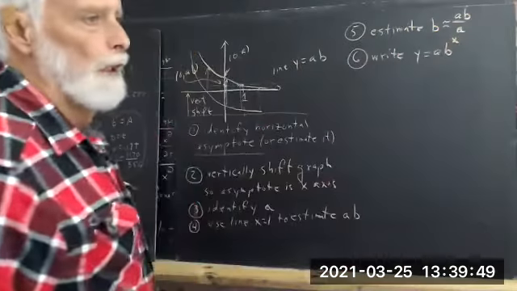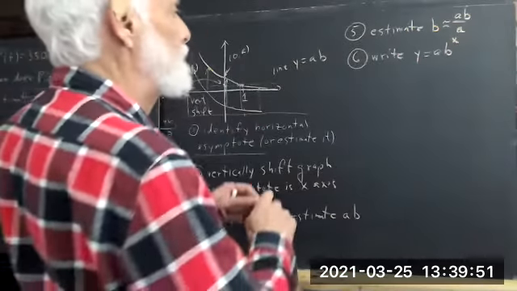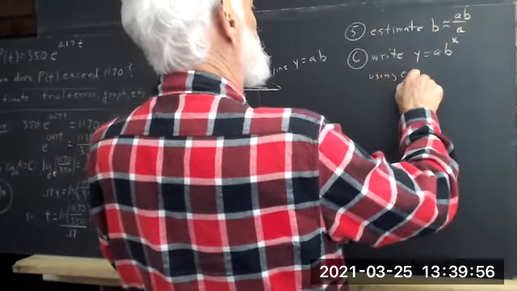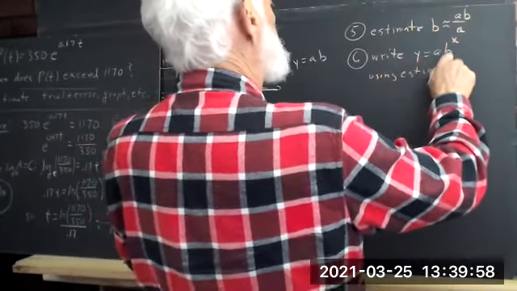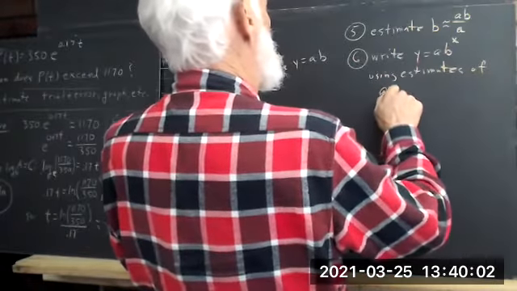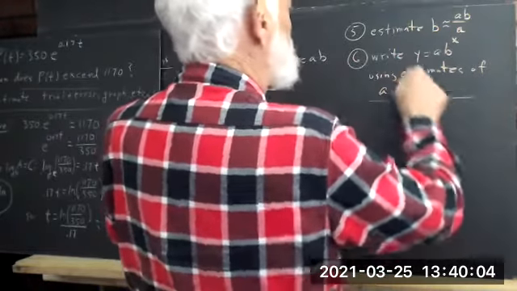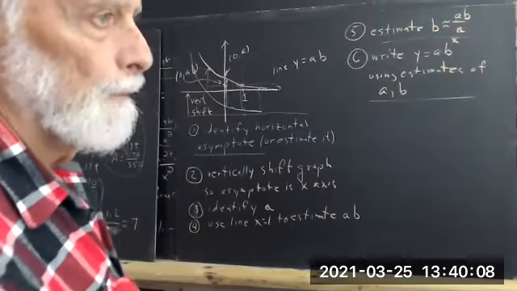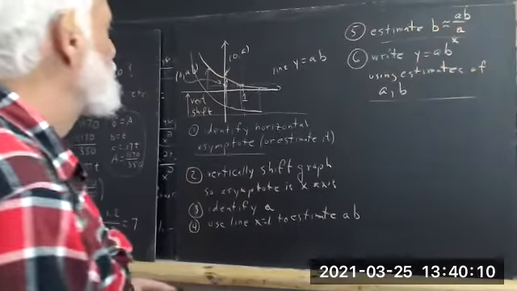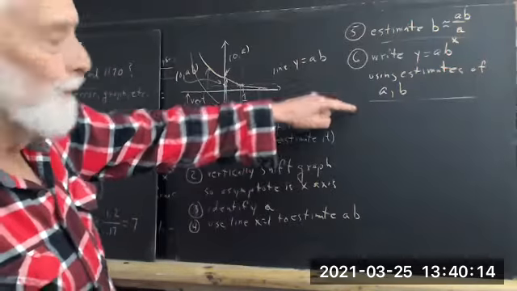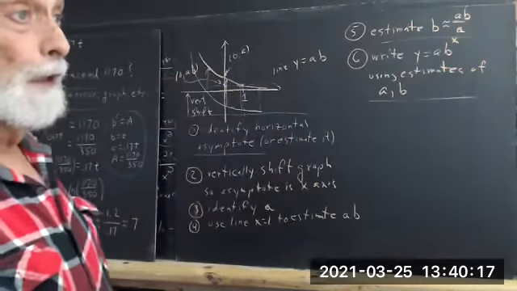Right? y equals a times b to the x, using estimates of a and b. Okay, so everything we've done in orange has been with your vertically shifted graph.